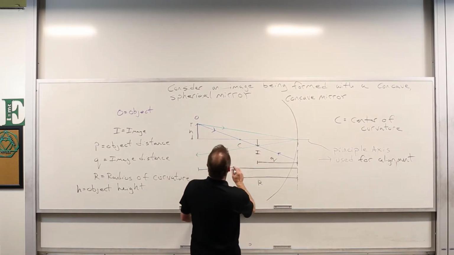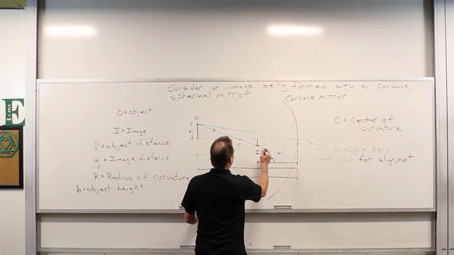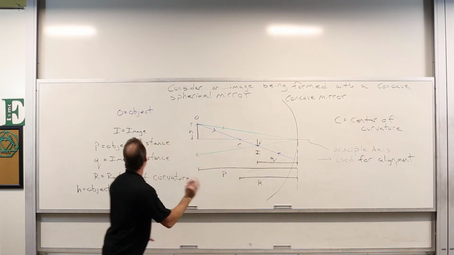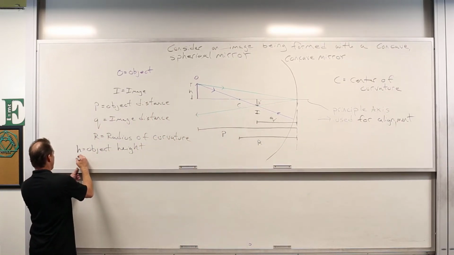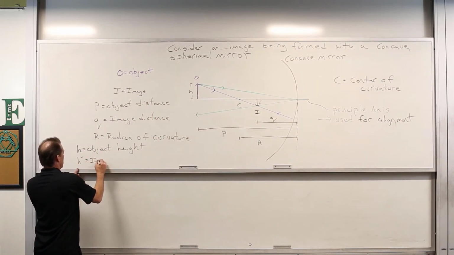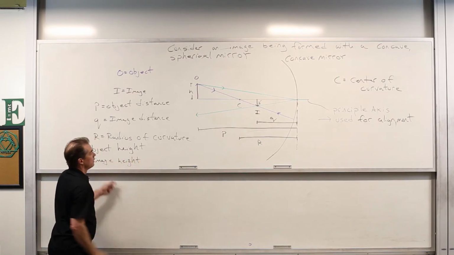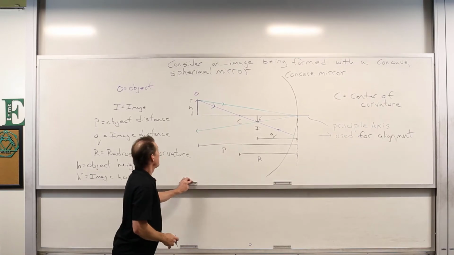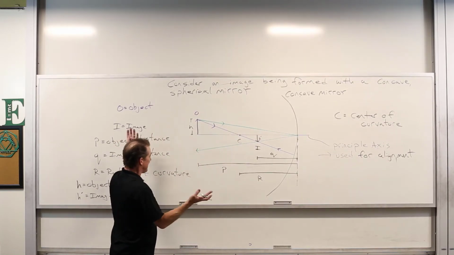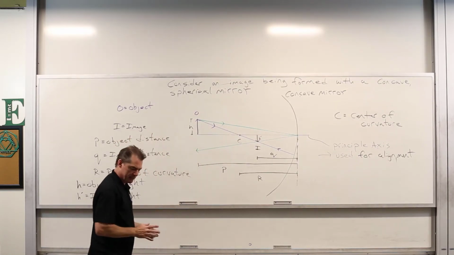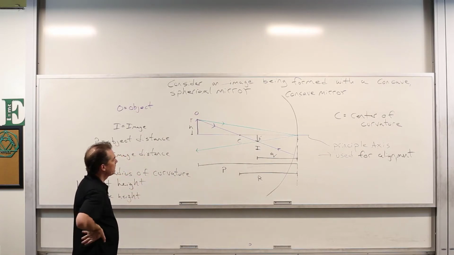This is going to get a little messier than I'd like right now, but I'm just going to draw an H prime there. H prime, image height. All right, so we've got a bunch of heights and distances all mapped out and named.